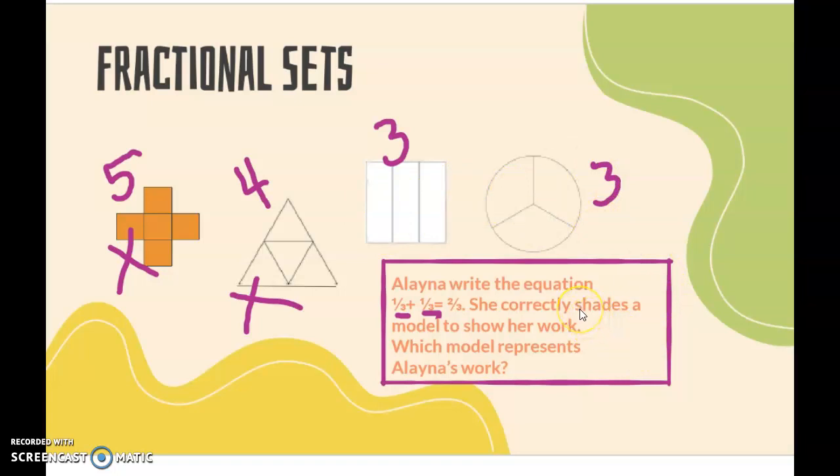But remember, your shaded is going to represent your numerator, which is 2. So if the numerator is 2, that means that the model needs to represent 2 equal parts that are shaded.